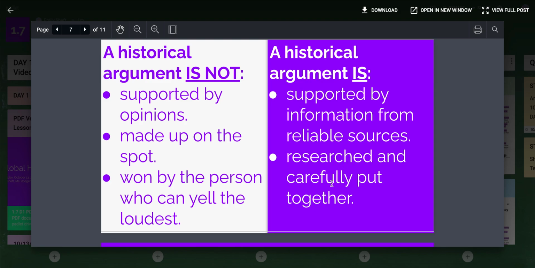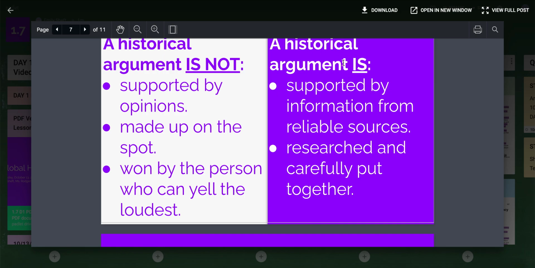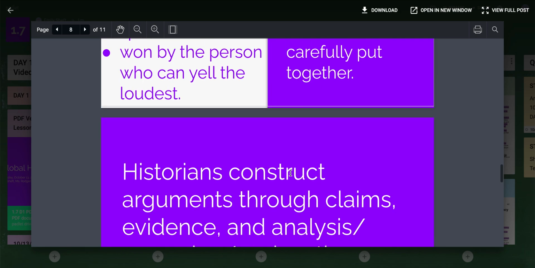So this isn't just something that you're making up as you go along. It's thoughtful. It's well thought out. And again, that's where you can really see the thoughtfulness in the analysis, reason, and explanation of whatever evidence. When you understand that evidence, the primary and secondary source, you can really create a strong historical argument.